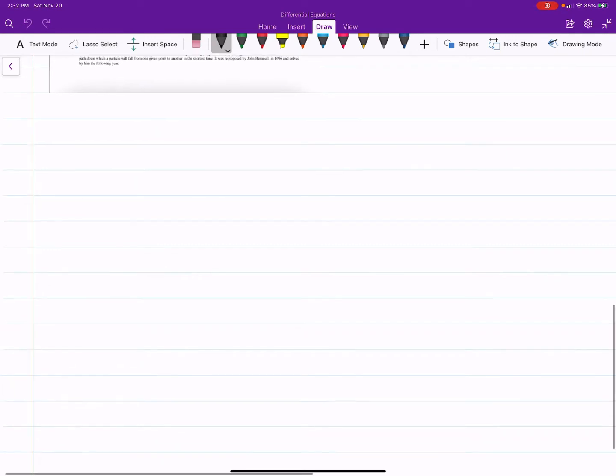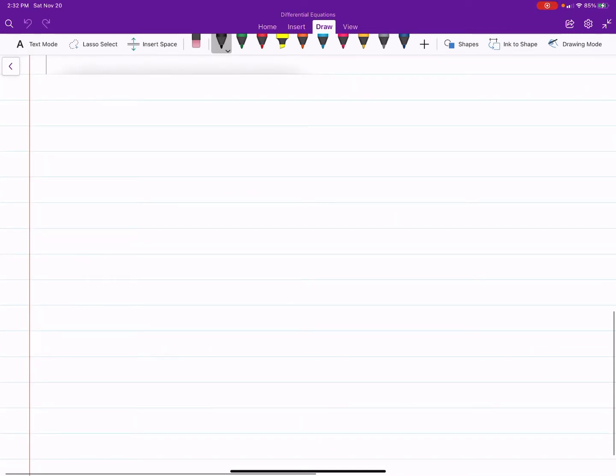So for example, we'll start by saying, what is DiffEq? Differential equations. I usually abbreviate it like this. It might be worth knowing what it is you're actually studying. It's a branch of math that deals with equations that contain derivatives and their functions.